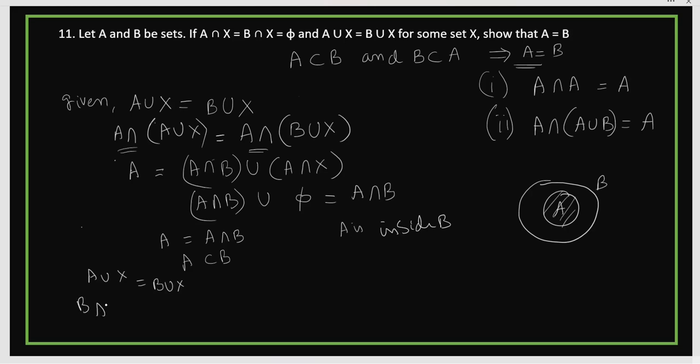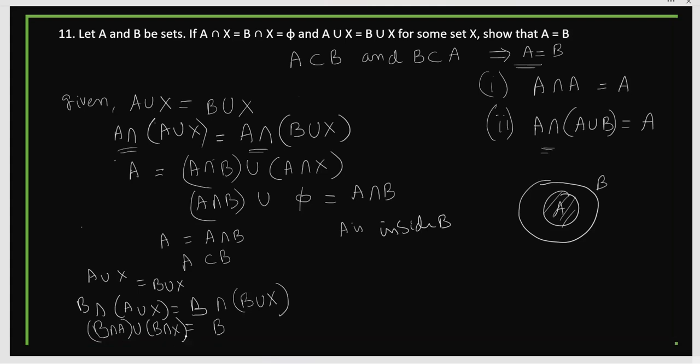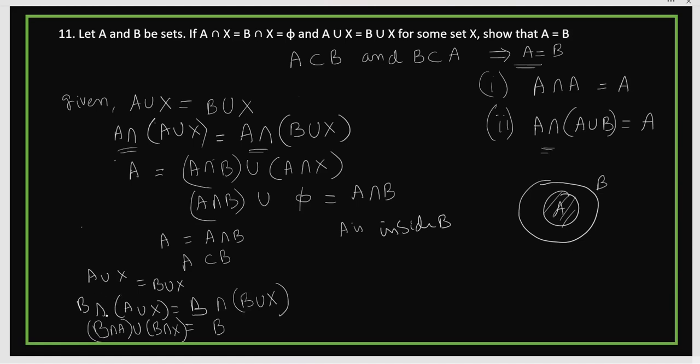B intersection A union X equals B intersection B union X. So the right side becomes B, in the same pattern as before. Now we can open the left side: B intersection A union B intersection X, distributing the intersection over union, exactly repeating the same.